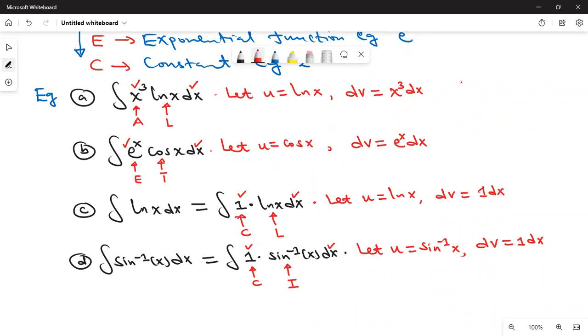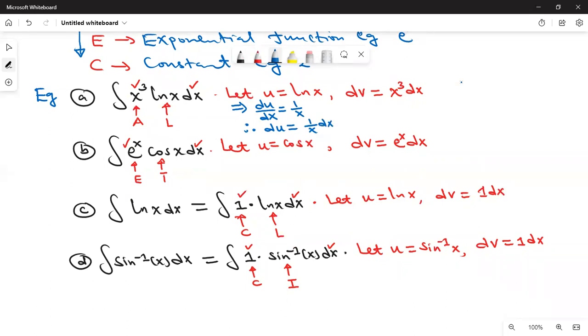So like here, the next thing you're going to do is differentiate u. You will get du dx is equal to, here it is 1 over x. So you make du the subject, so du is equal to 1 over x dx.